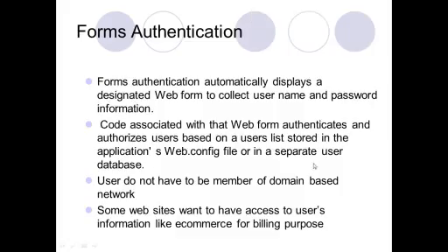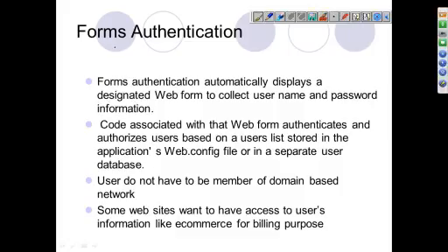The next kind of authentication is forms authentication, which is very popular in the web applications which are available over the internet. Windows authentication, we saw, is good for intranet, but forms authentication is good for internet where you have some confidential or private information specific to the users.